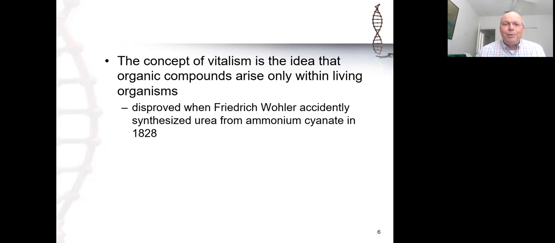That in fact, descent with modification explained why organisms changed over time, and that organisms that shared common features did so because they were descended from a common ancestor, and the differences between them were a product of tinkering and modification of a basic structure to be put to different uses depending on what the different organisms were using them for, which meant you should be able to trace back in time, ultimately, if you go far enough backwards, to the ultimate ancestral cell that is the ancestor to all of life as we know it.